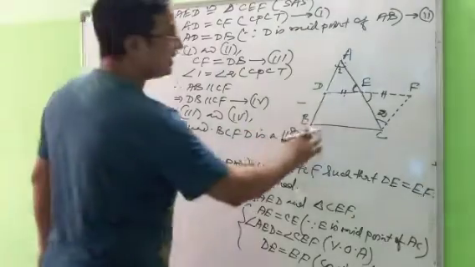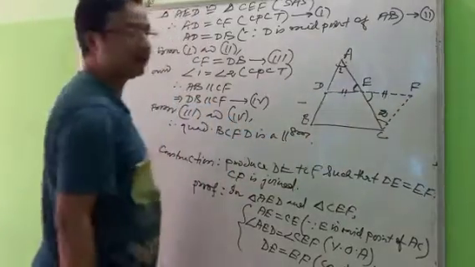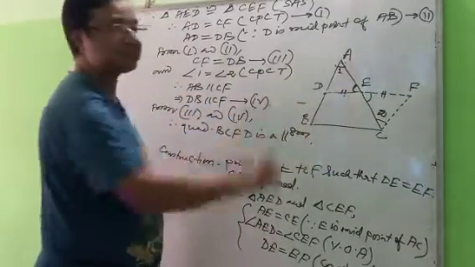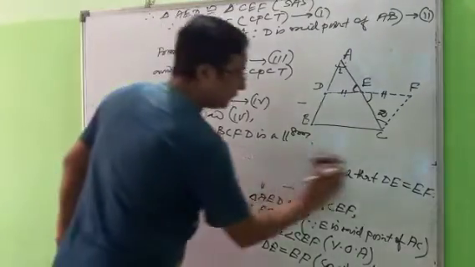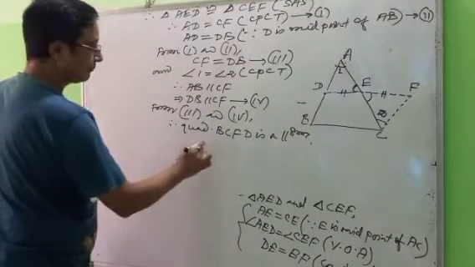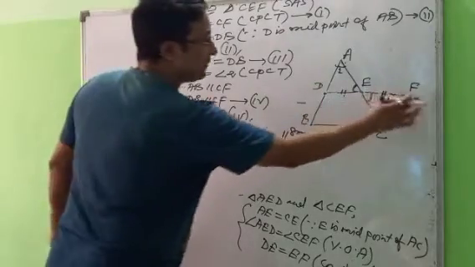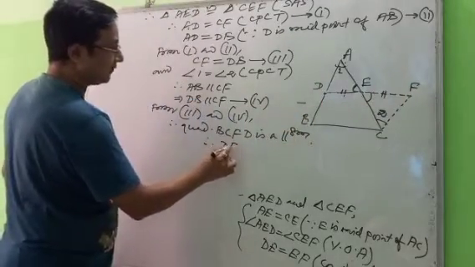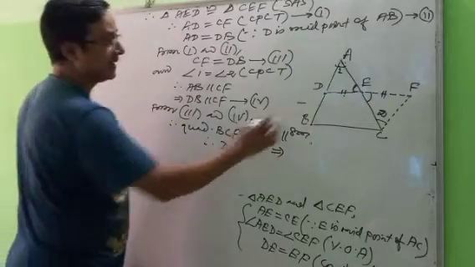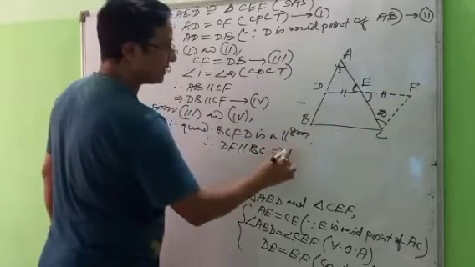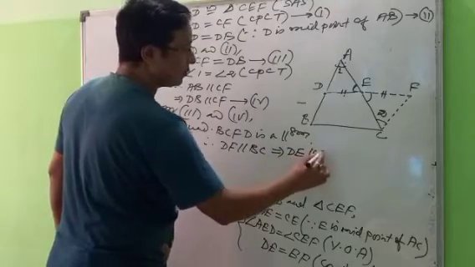Now, when BCFD is a parallelogram, the opposite pair of sides are equal as well as parallel. Therefore DF is parallel to BC, which means DE is parallel to BC.